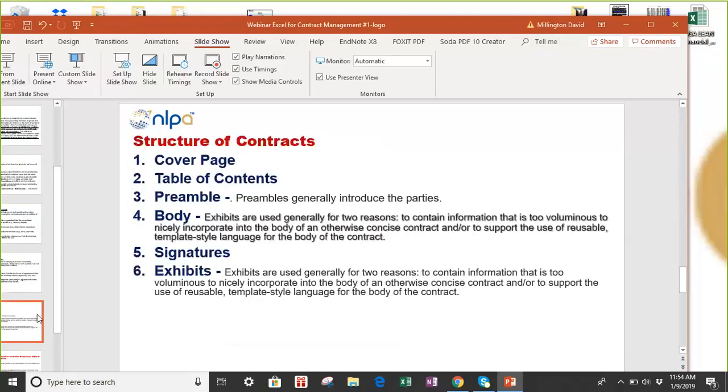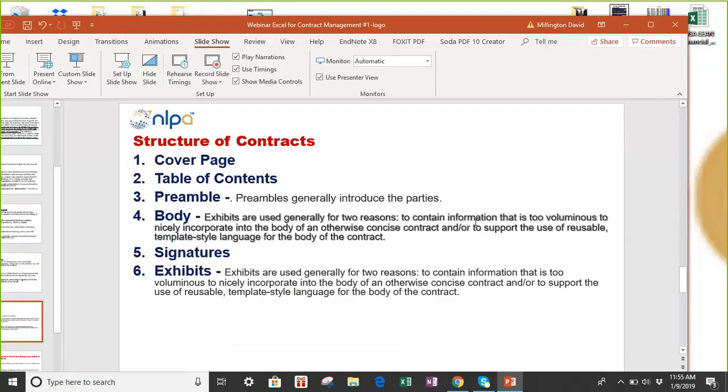Then we go on to the next slide, and we would discuss briefly the structure of contracts. The first page of a well-written contract would be the cover page. Then page 2 would be the table of contents. Then the next section will be the preamble, which introduces the parties that are involved in a contractual agreement.